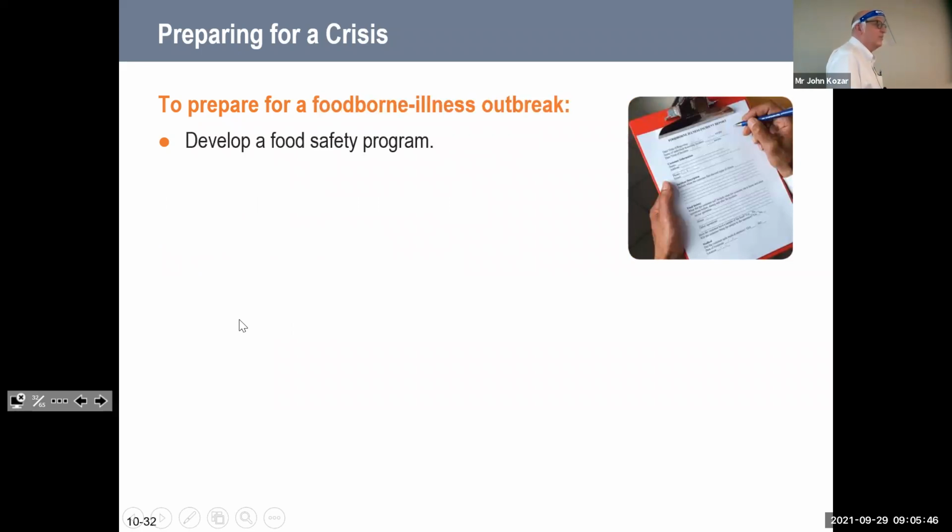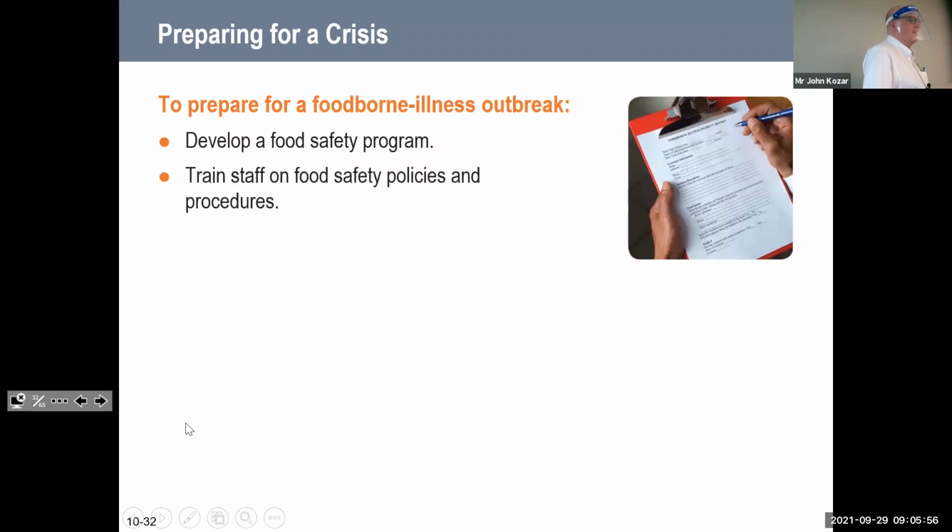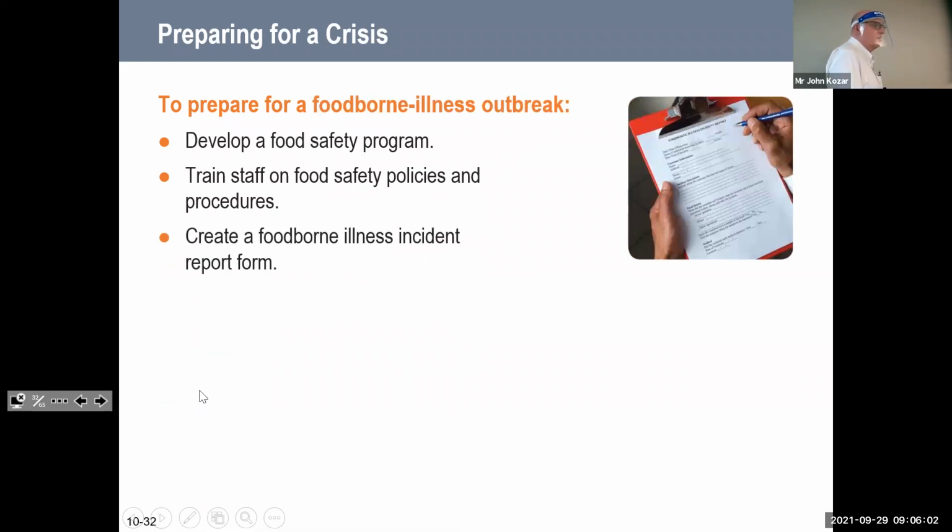For a foodborne illness outbreak, you have to have a food safety program. You have to identify what you're going to do when things go wrong. The staff has to be trained on food safety policies and procedures. Create a foodborne illness incident report form.